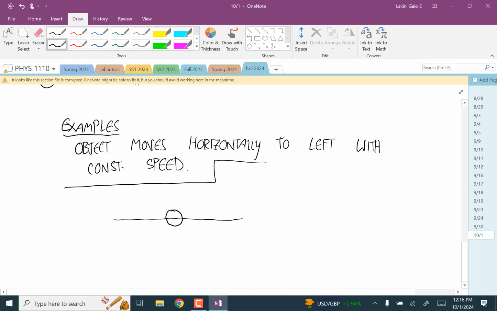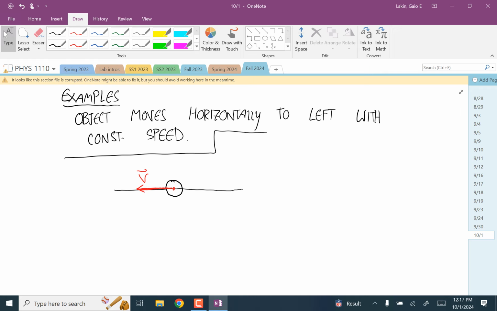It's moving to the left. So the velocity vector is like this. Is the speed changing? No. So we don't draw any A parallel. Is it turning? No. And so we don't draw any A perpendicular, and so the acceleration vector is 0. Okay.